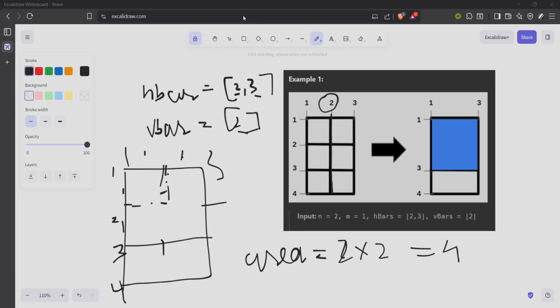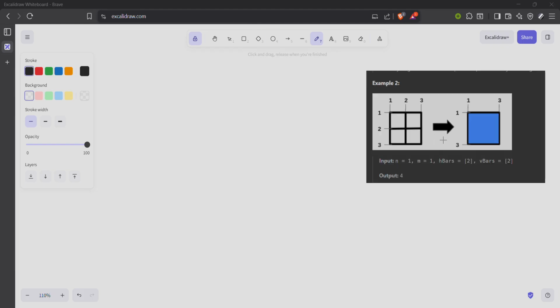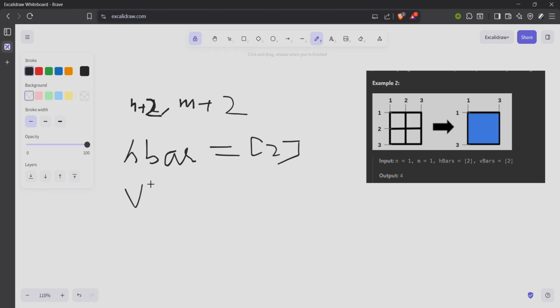Let's take another example. For this example, we are given n equals to 1, m equals to 1. So basically, it would be a size of n plus 2 and m plus 2. And we can remove from h bar, we have 2, and from v bar, we have 2.